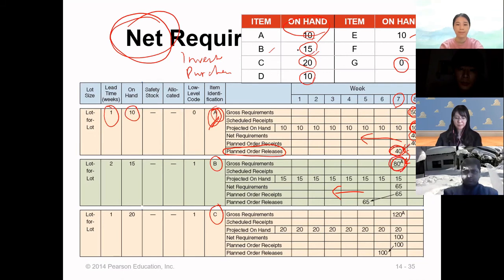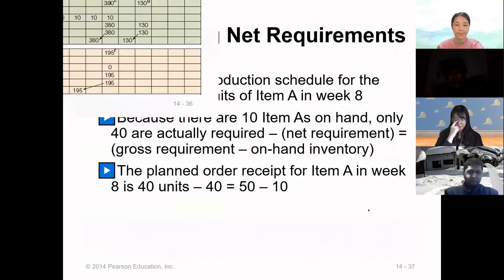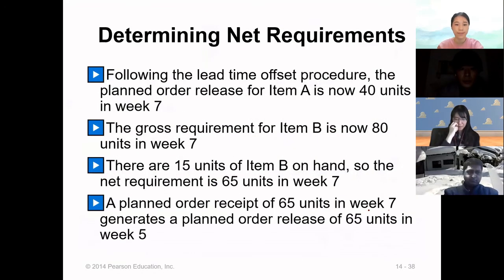So 80, if you look at 15, so 80 minus 15 is 65. So you need plan order release of 65. So and so on, okay?